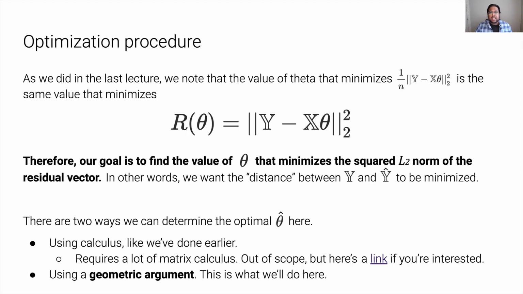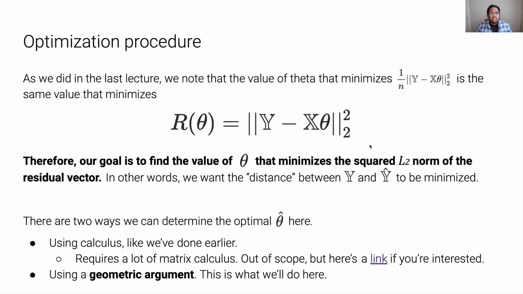Now, before we proceed, I wanted to note that we will employ a similar trick to what we did in the last lecture. The value of theta that minimizes 1 over n times the square of this vector norm is the same value of theta that minimizes just the square of this vector norm. Having the 1 over n out front doesn't change the value of theta that minimizes this quantity.